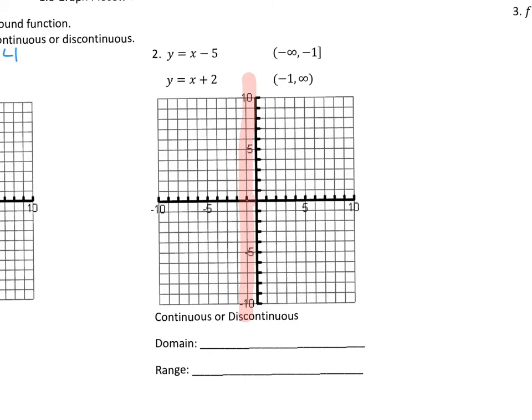I'll go ahead and use blue this time. Okay, so I start at negative 5 for that first one. So my graph will start right here at negative 5, and it looks like it goes up 1 over 1, like so. And just create enough points till you feel like you've got enough, and then draw your graph.